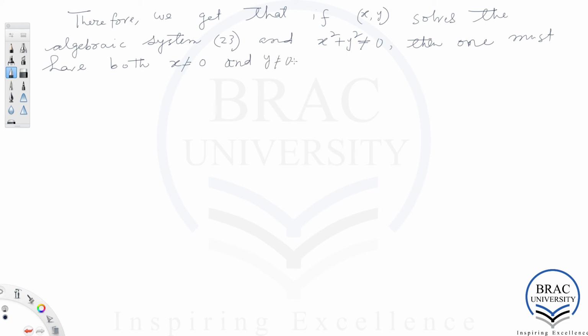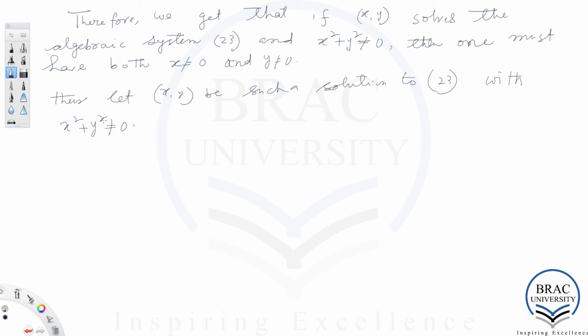Let's see if there is any such point. So thus let x comma y be such a solution to 23 with x square plus y square is not equal to 0.